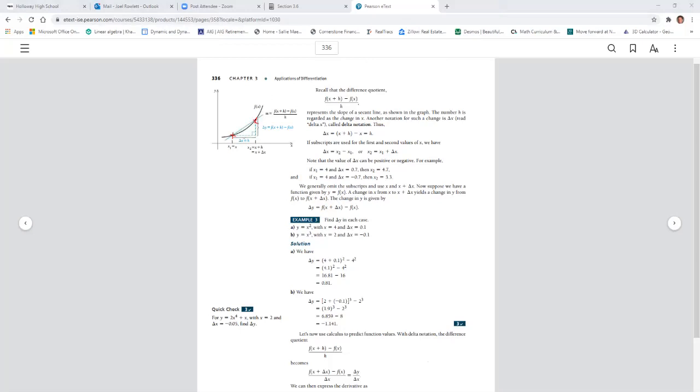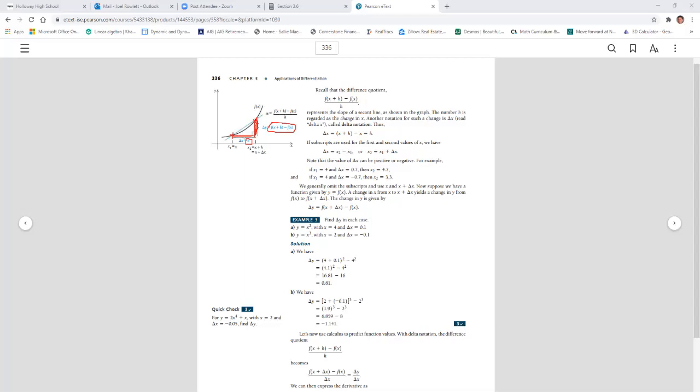And of course, there's a vertical distance between the points, which is the change in y, and then there's a horizontal distance between the points, which is the change in x. And here we decided to call the change in x h. That just makes it a lot easier to write. And of course, the change in y can be expressed as f of x plus h minus f of x.